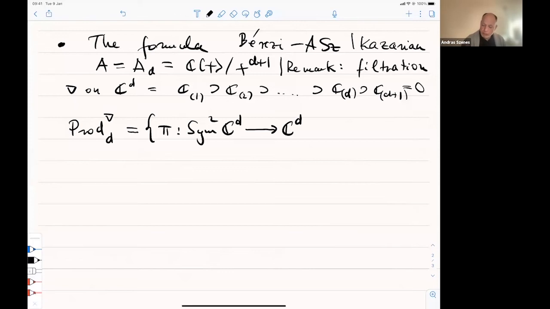The little sign doesn't mean it's that map; it means this map is consistent with the filtration. As I described, if you take something in filtration 2 and multiply it by another one in filtration 2, you should end up in filtration 4. So these are symmetric products consistent with the filtration, but this is just a linear vector space now. These are not necessarily really products; they are just 3-tensors consistent with the filtration.